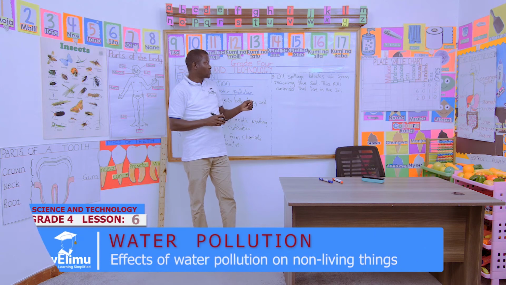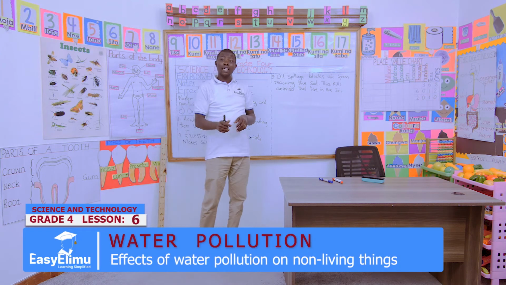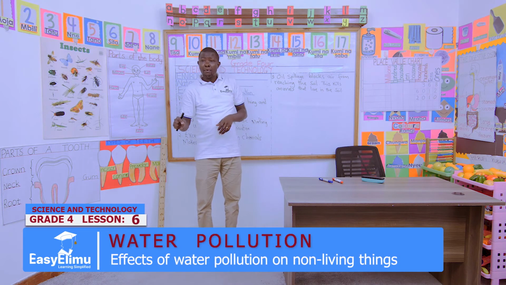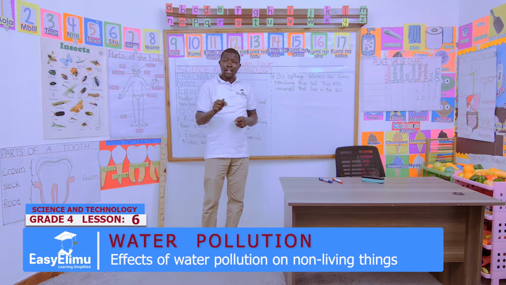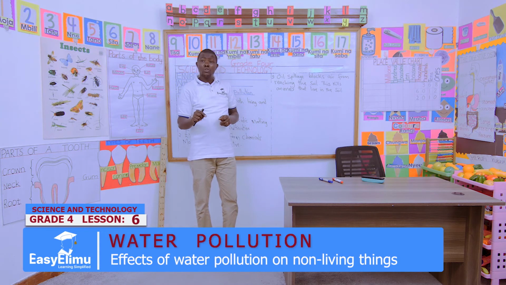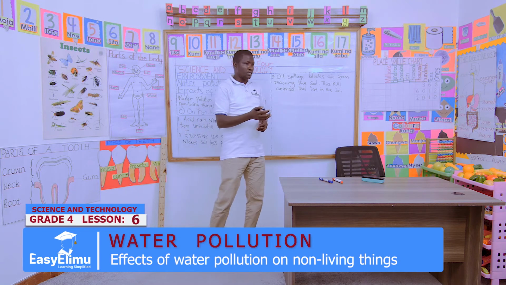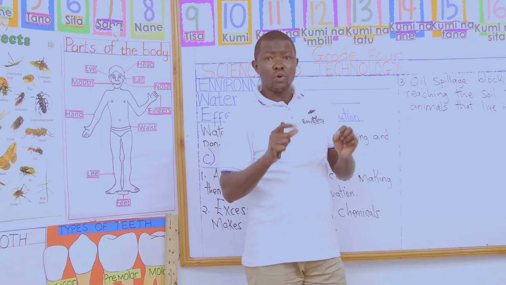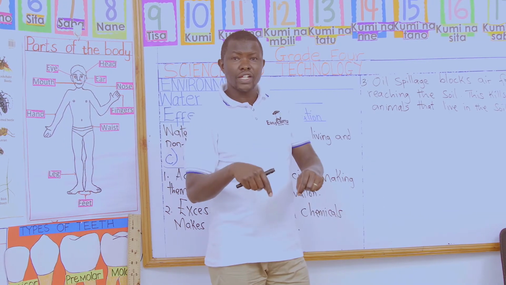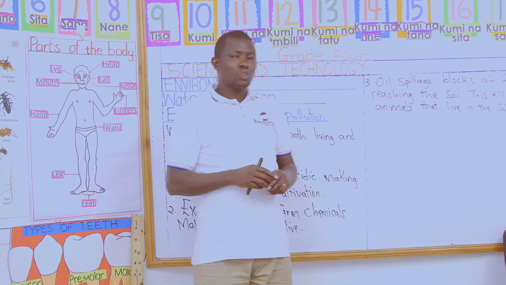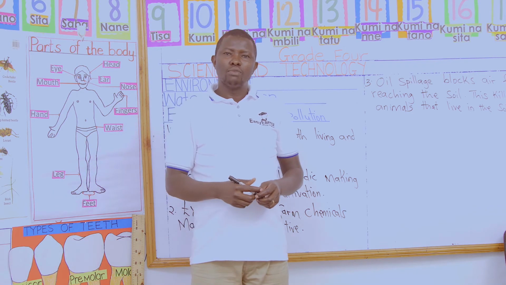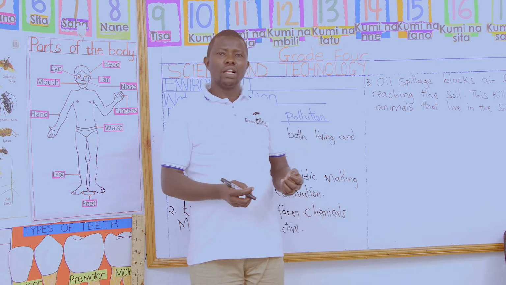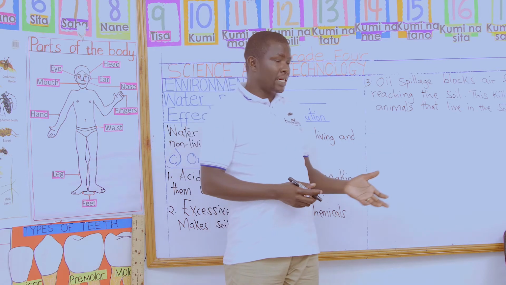And remember there are small animals who live under the soil, and these animals need air to breathe. Once the oil has been spilled, it has covered the air pores, so air is not entering through the soil. So the lives of those animals are at stake, and they will die.